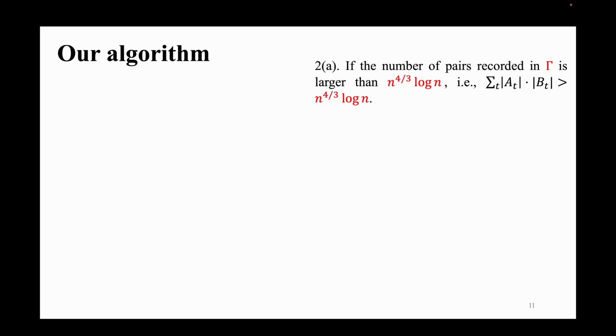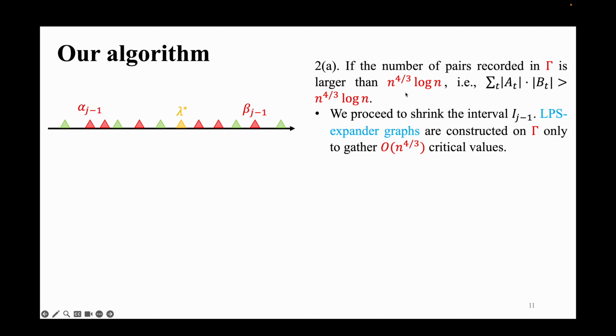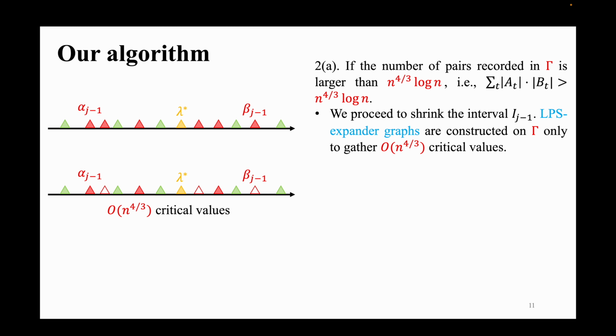Next, depending on the number of pairs recorded in gamma, we have two cases. If this value is larger than n to the power of 4 over 3 times log n, we will proceed to shrink the interval I_{j-1}. We will construct LPS expander graphs on collection gamma only and gather n to the power of 4 over 3 critical values.